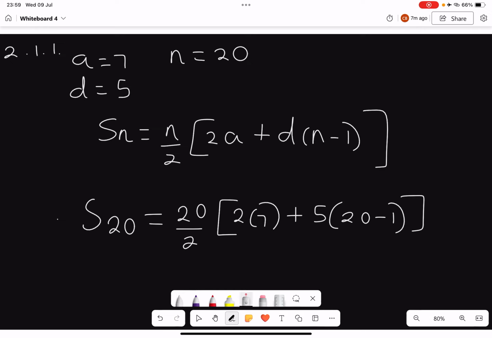You can see, ladies and gents, that I just aligned the n with the n, the 5 with the 5, the a with the a, the 20 with the 20, from the given information. Plugging this into your calculator, it should give you 1090. All right, perfect.